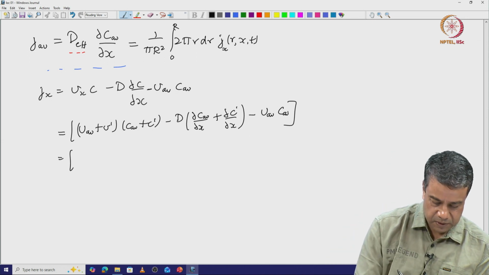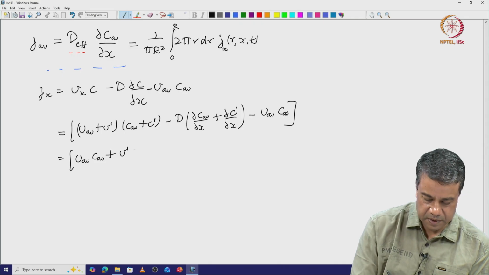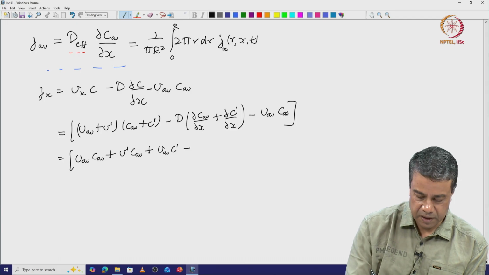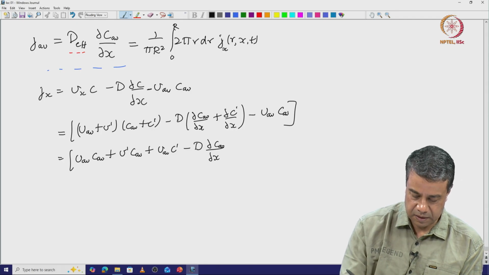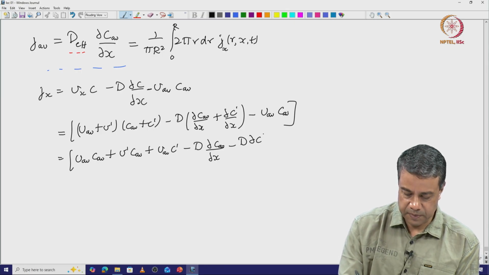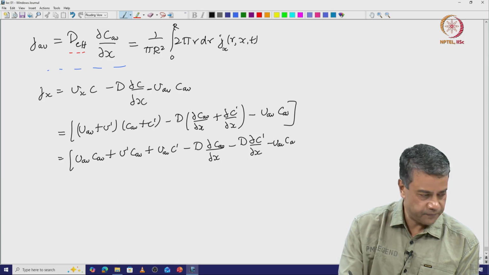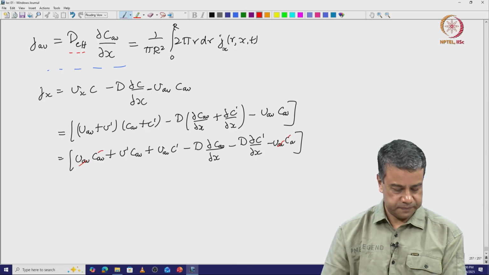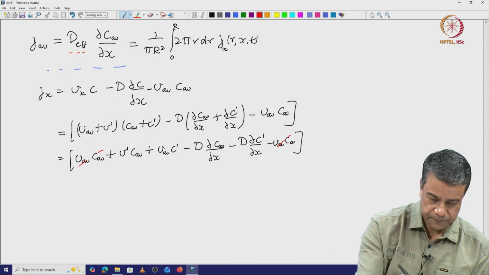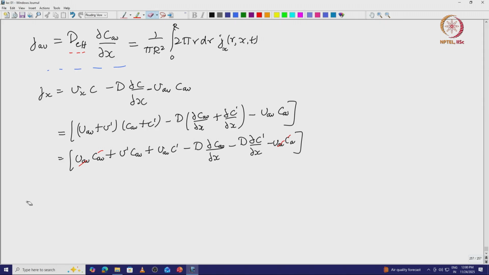You can see this expands out as V average C average plus V prime C average plus V average C prime minus D partial C average by partial x, minus D partial C prime by partial x, minus V average C average, and these two terms cancel out. When I take the cross sectional average, J average is integral 0 to r 2 pi r dr into V prime C average plus V average C prime.